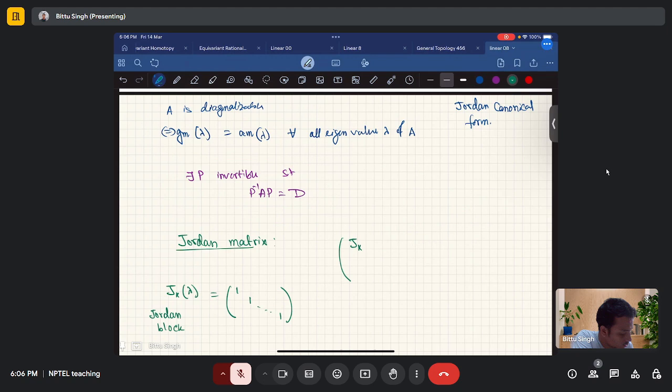It consists of diagonal entries lambda, and there is another non-zero entry which appears just above the diagonal entries.